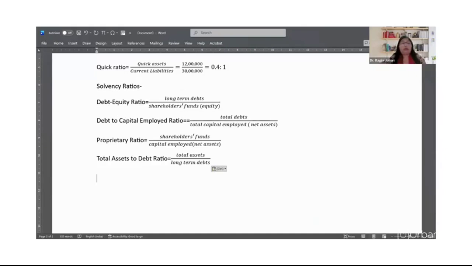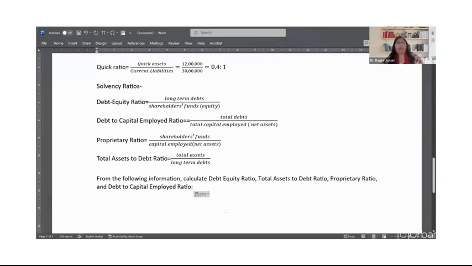Now we can understand all these ratios using a question. So let's do a question and calculate these ratios.